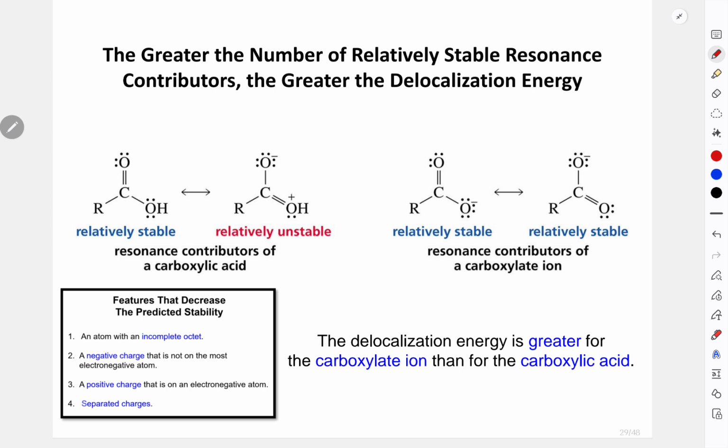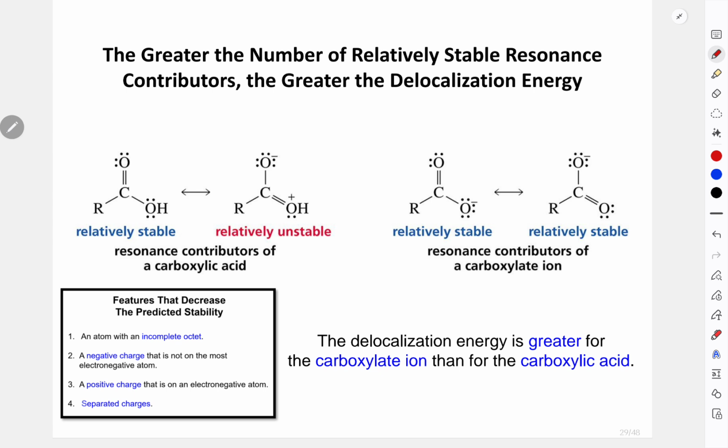A greater number of relatively stable resonance contributors gives you greater delocalization energy. So comparing the left-hand side versus the right-hand side, you can discern the magnitude of the delocalization energy or resonance energy.